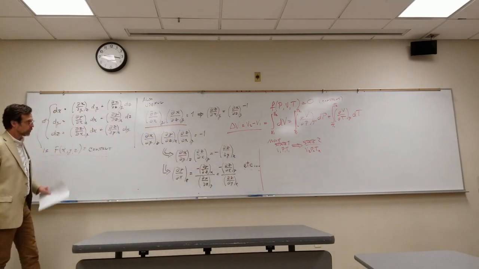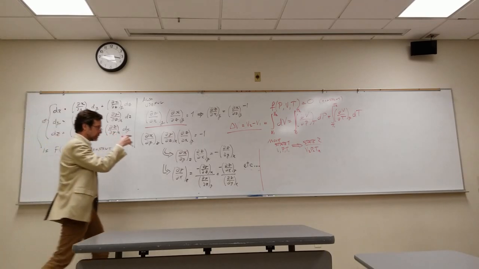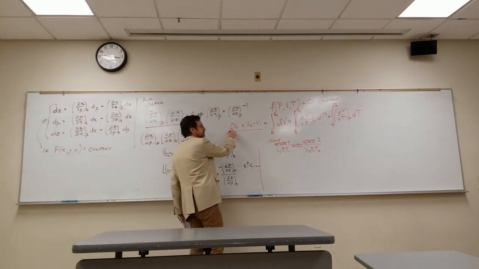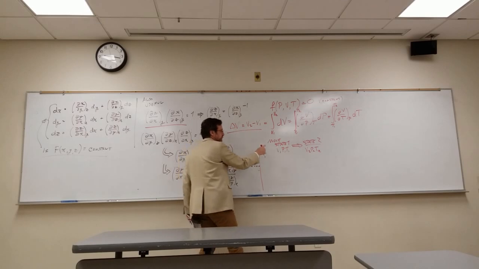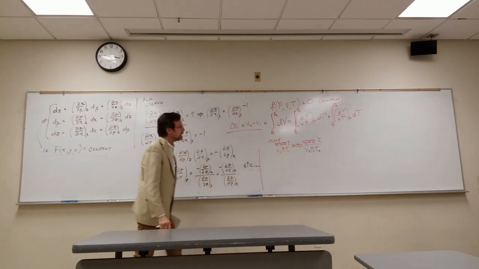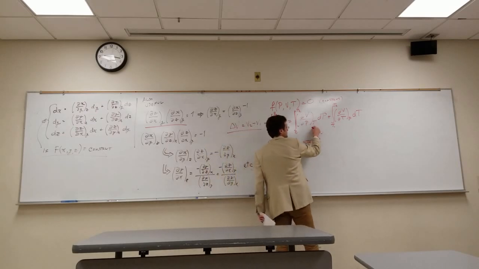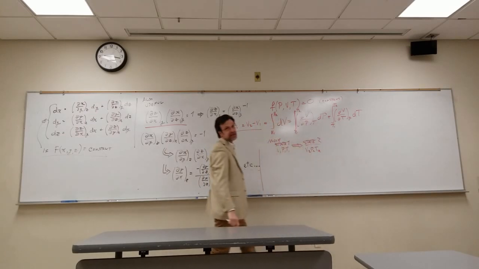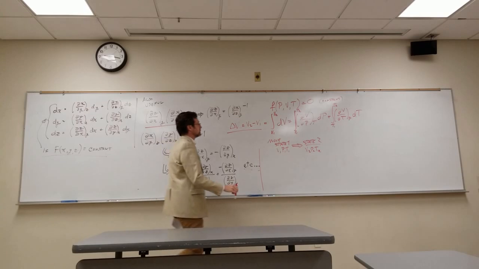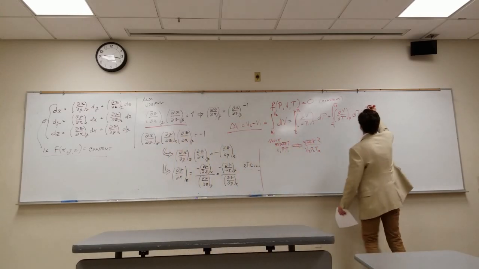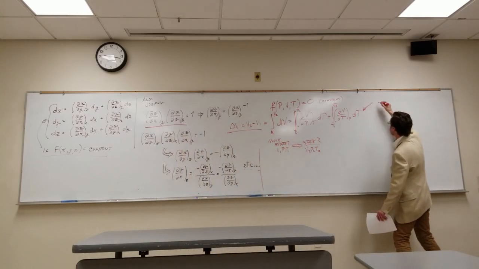So this means that we now have an expression for the change in volume as we move from state 1 to state 2. And what's also important is that these variables, the temperature and the pressure, are independent of each other. So this expression implies that independence.